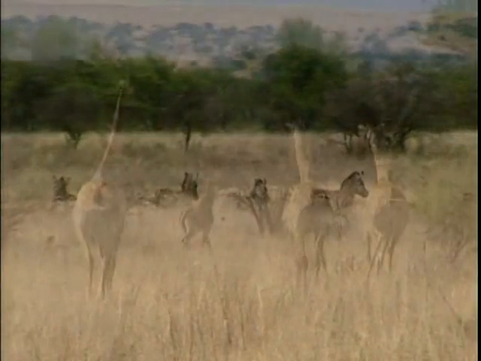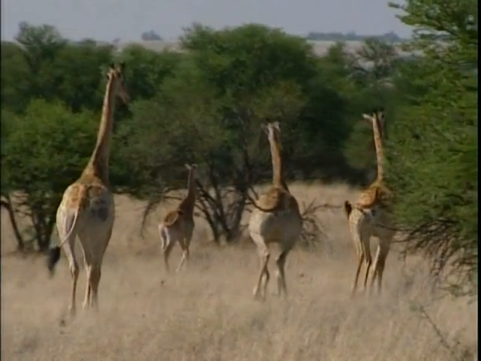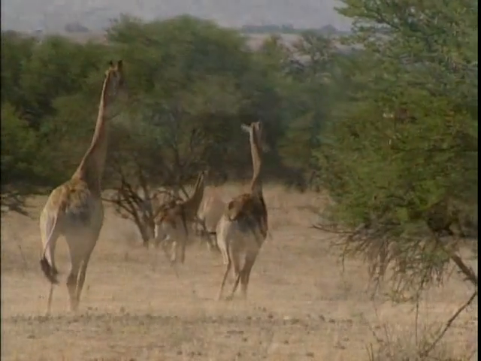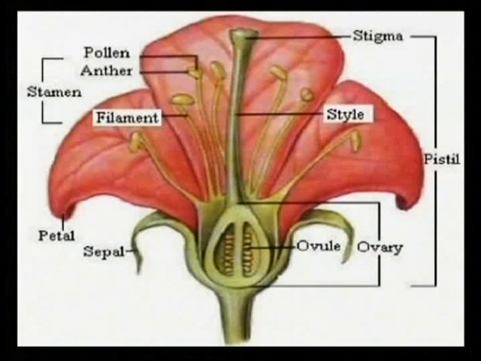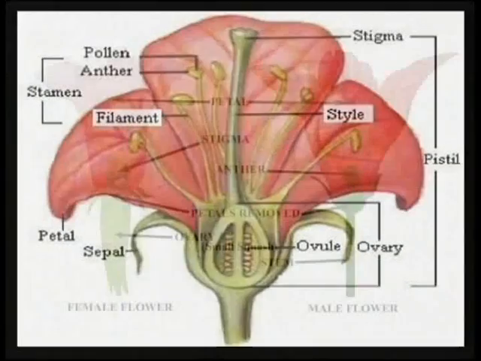Unlike animals, plants cannot move from one place to another to find their mates. So, the flowers help the plants to reproduce sexually.